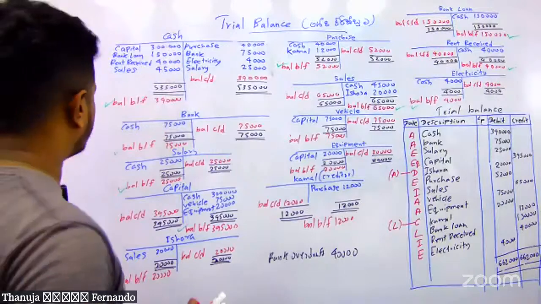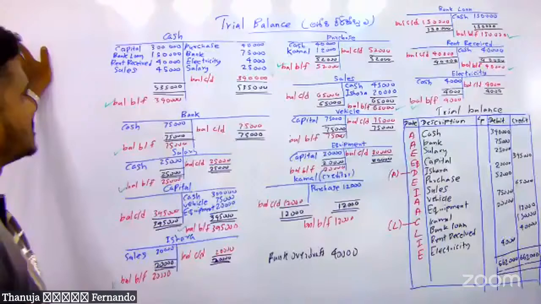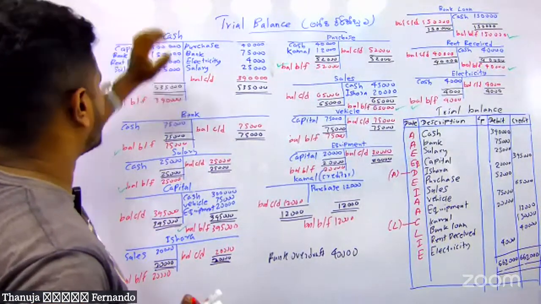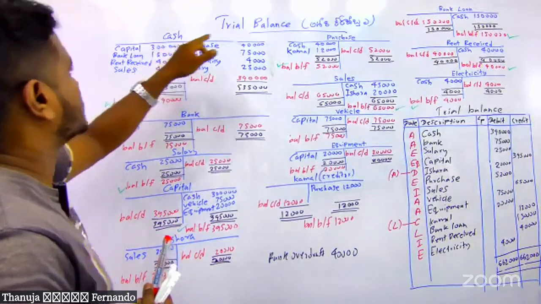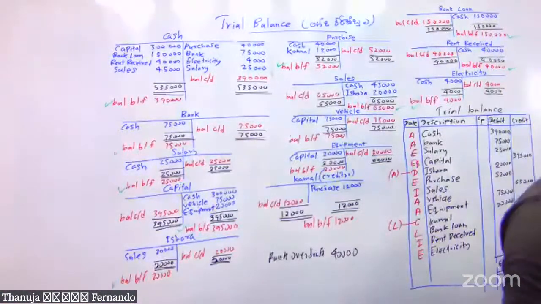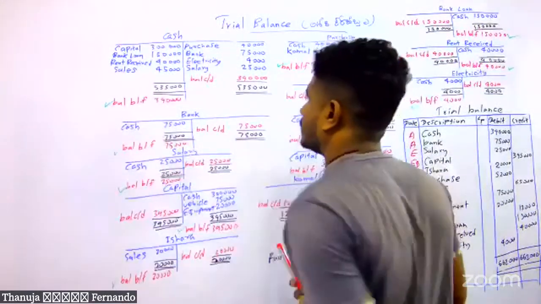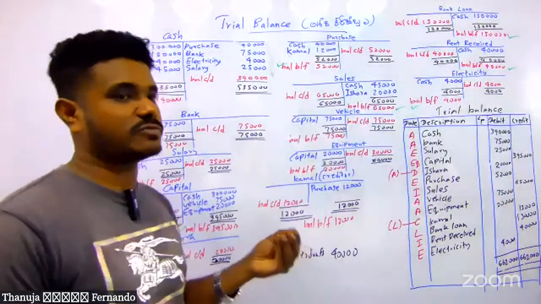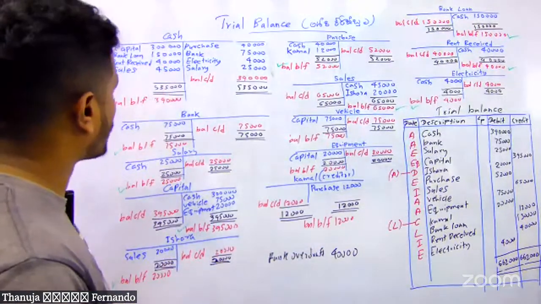Take the first transaction as an example: cash investment 300,000. When we record capital as a 300,000 debit, sometimes we have recorded 30,000 instead of 300,000, sometimes we have recorded it on the credit side, sometimes it is omitted, sometimes we have recorded it twice, and sometimes we have recorded the wrong value.